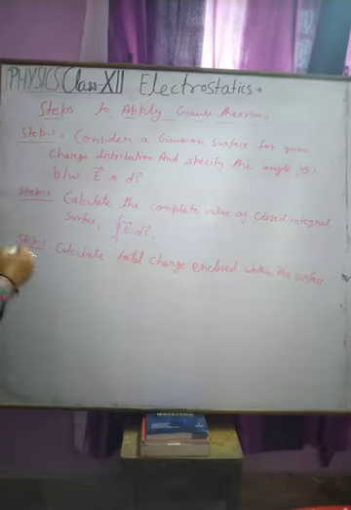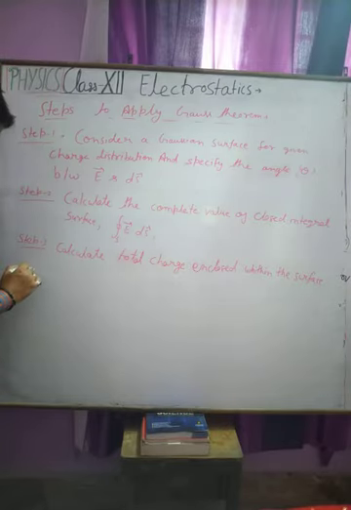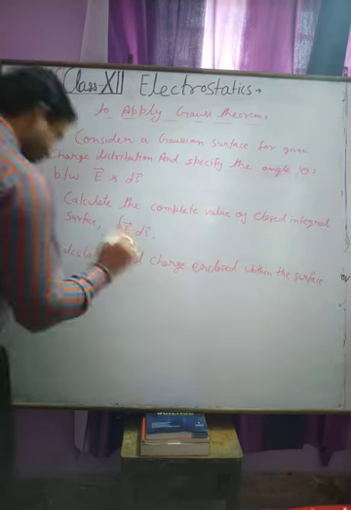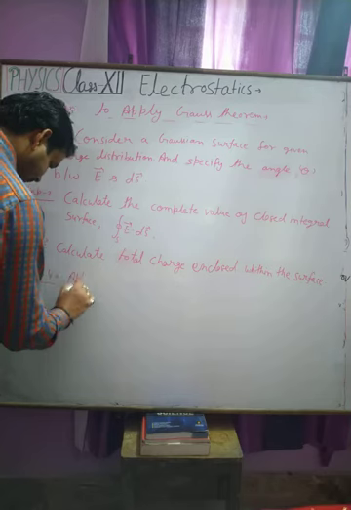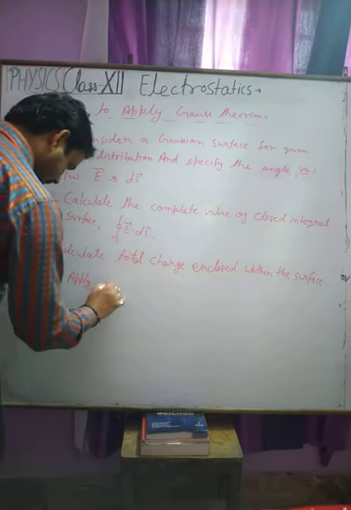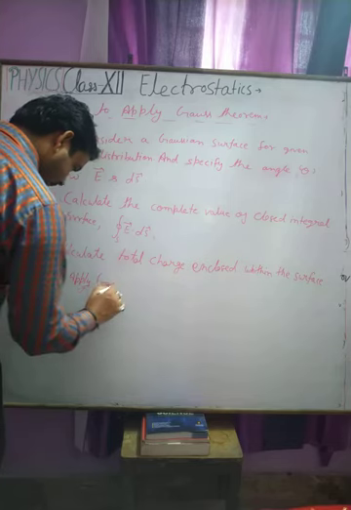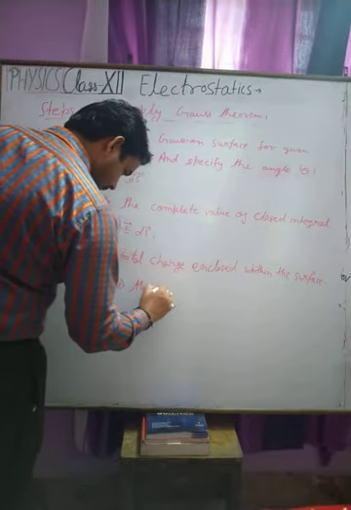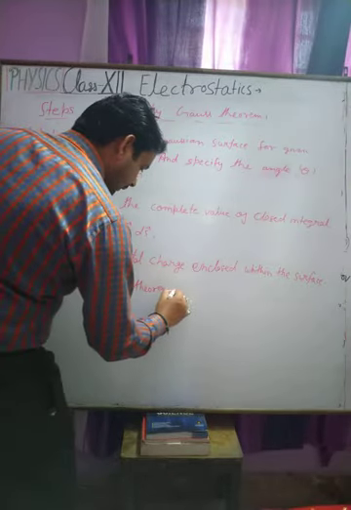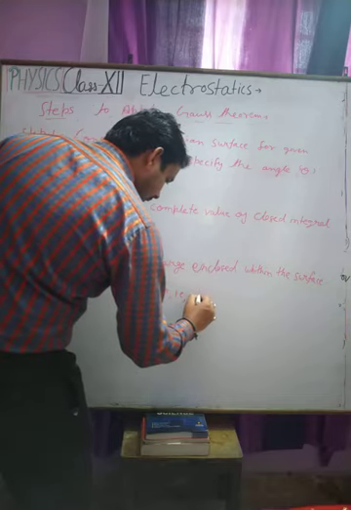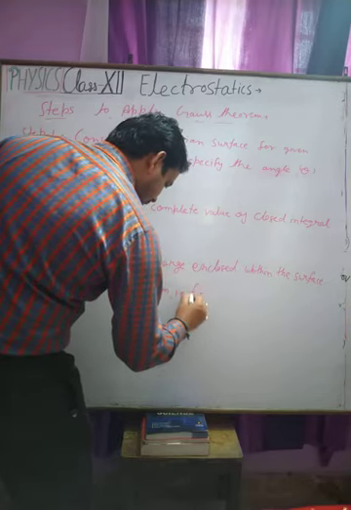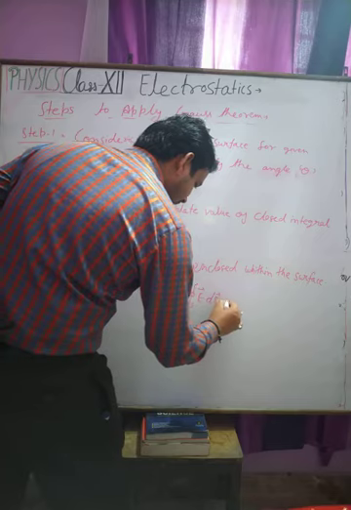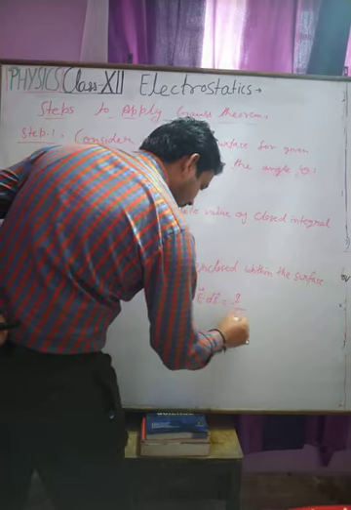Okay, and step 4, apply Gauss theorem. Gauss's theorem, that is closed integral of surface vector E dot ds is equal to Q upon epsilon naught.